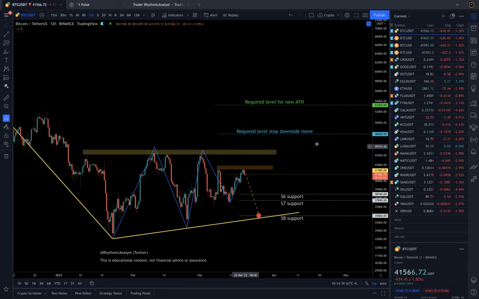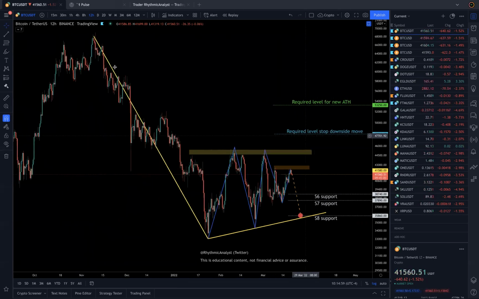So this is the level. 48,000 is the level where we can feel confident that it really wants to go up, not down. This is the first confirmation we'll get that it is changing the course, changing the direction it is heading in right now.